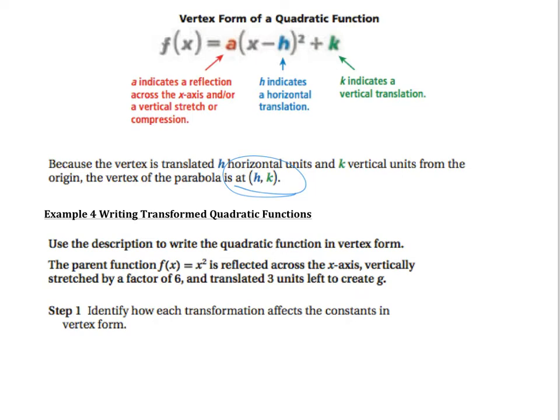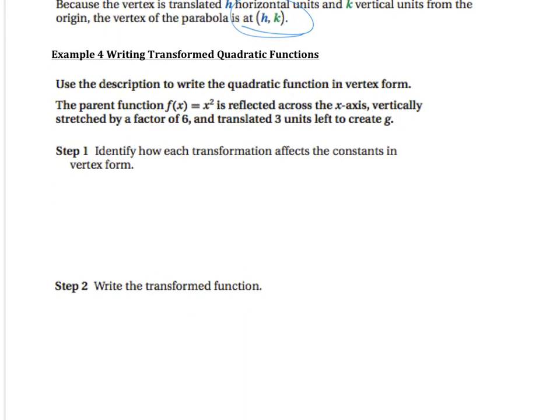Okay, so we're going to use a description of transformation and write the transformed function. So again, the parent function is f of x equals x squared. Reflected across the x-axis, reflection turns my a negative.